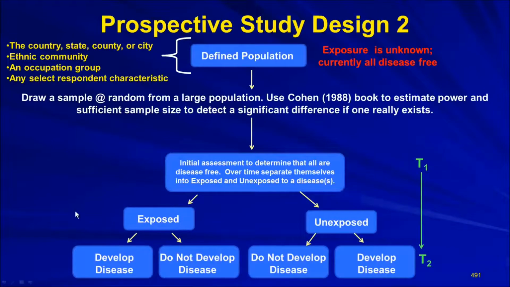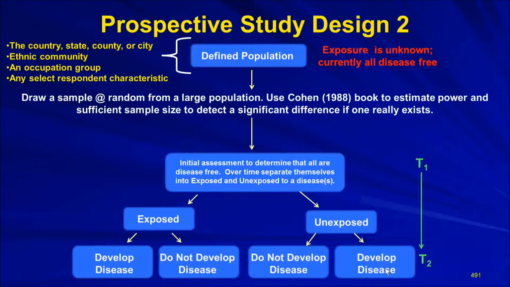And after that, you see who develops the disease and who does not develop disease, and the unexposed is the same way. Okay, so you can see the differences between the two types, and hopefully this is clear and you don't have a problem with it.